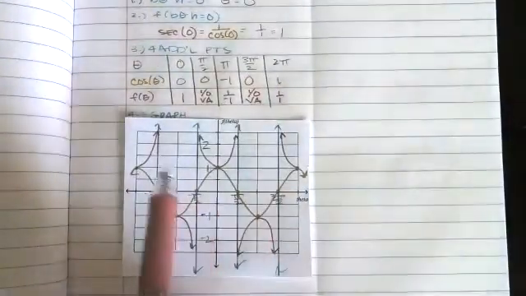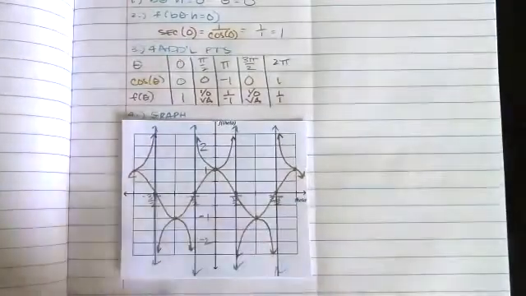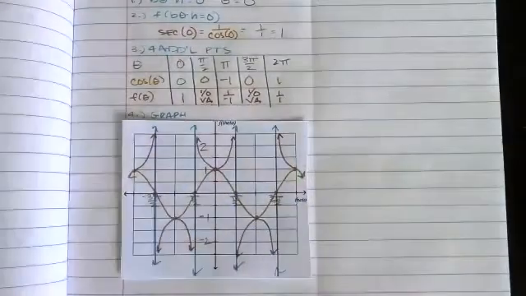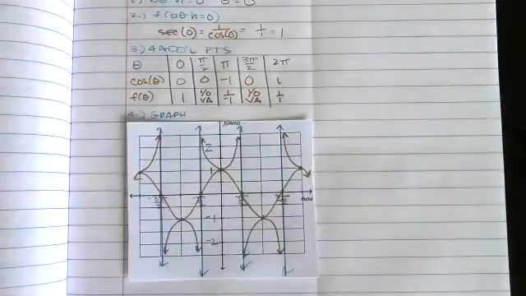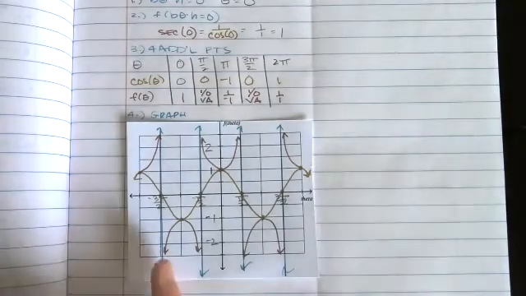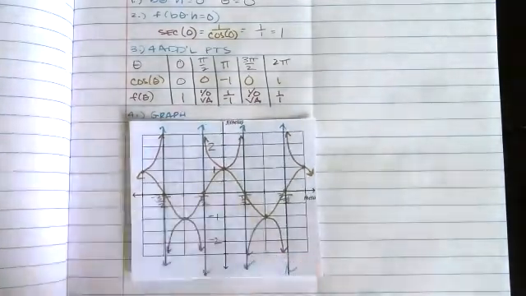So the secant is the pink branches, and the cosine is the gold curve, the gold wave. Is that okay? Yeah, so the vertical asymptotes are at pi over 2 and then 3 pi over 2, and then you have to do the same because it's a pattern, right?